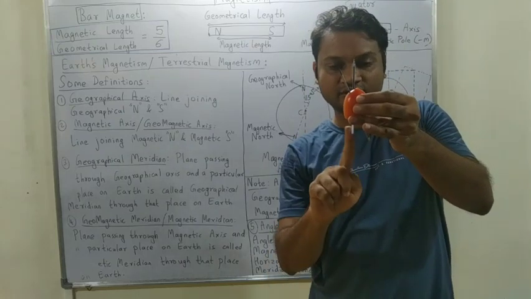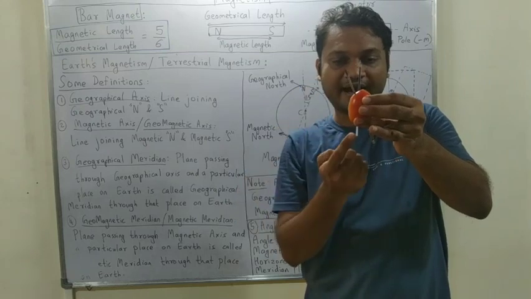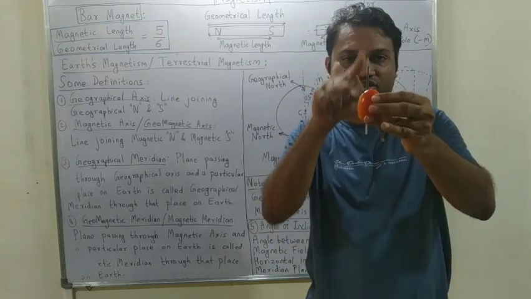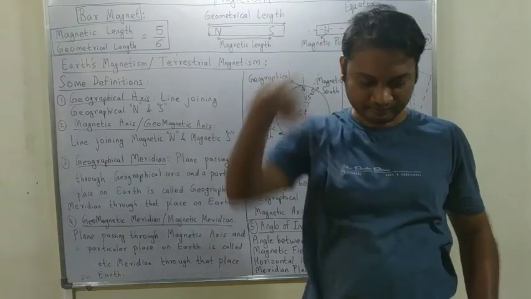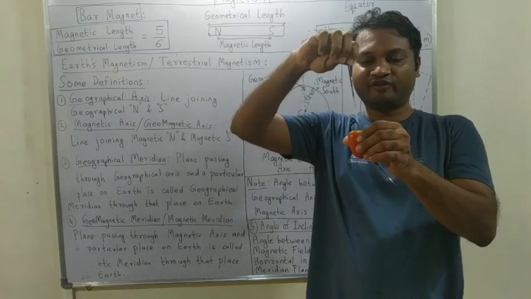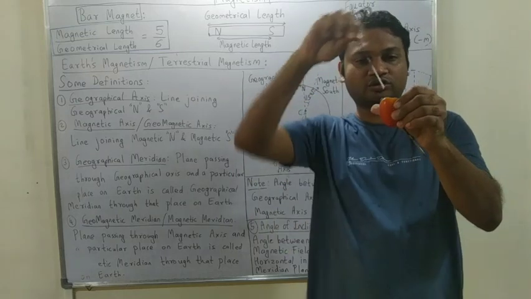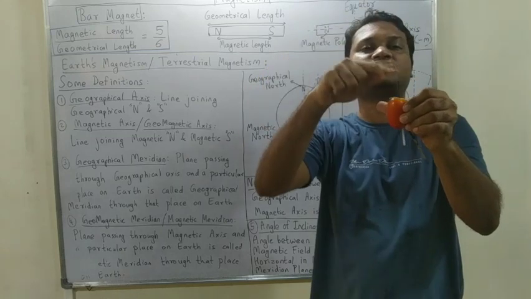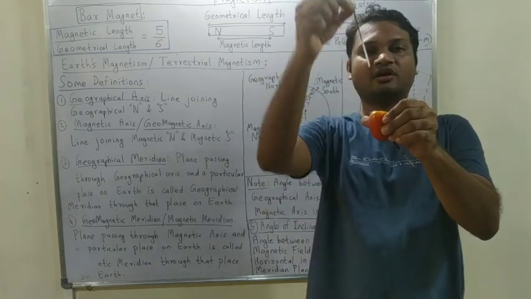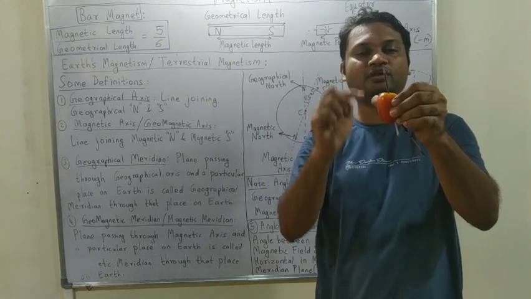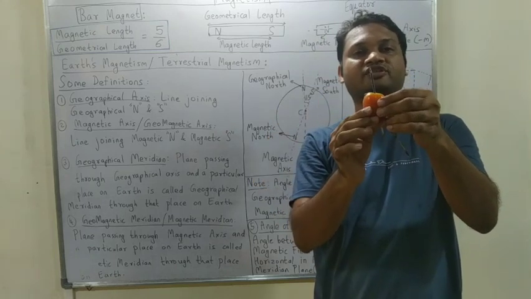The line passing through geographical north and geographical south is called the geographical axis of Earth, which is this line. North Pole, South Pole, that is the geographic axis.